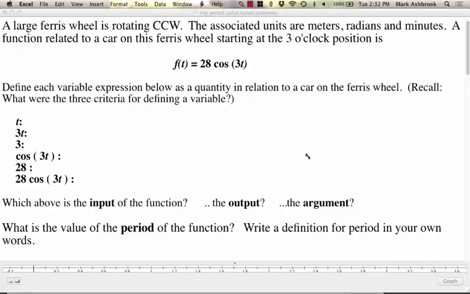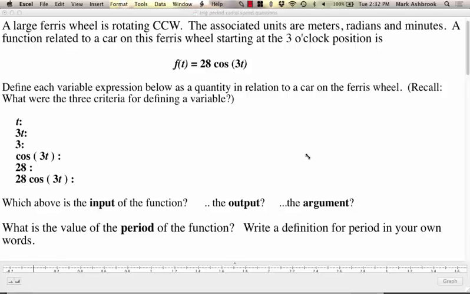Good. 3t. Okay, which one? Measured in minutes. Fraction of a radius. Cosine always outputs a fraction of the radius.